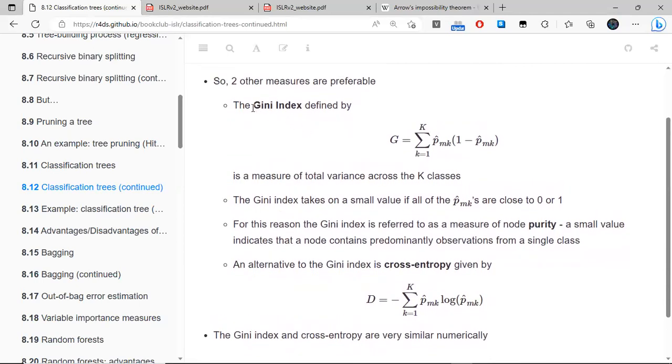The first one is the Gini index, defined as follows. For each region, you can calculate this value where p_mk is the proportion of the observations in class k that we have inside the region, and this is simply the complement. We can do that for all the K classes that there are for our response variable.